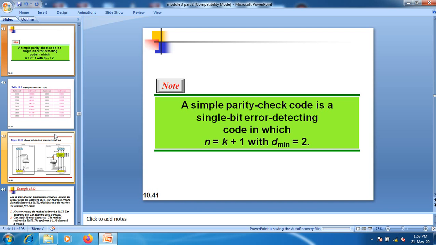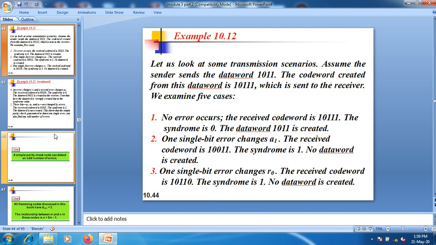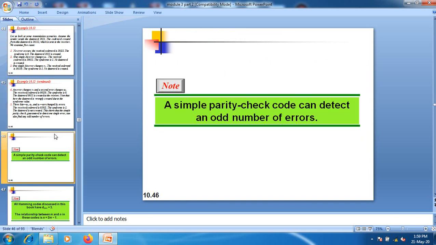That coding scheme has a Hamming distance of 2 here. In the sense, according to the definition, it should and must detect a 1 bit error. But if you look at these cases, the simple parity check can be used to detect an odd number of errors.